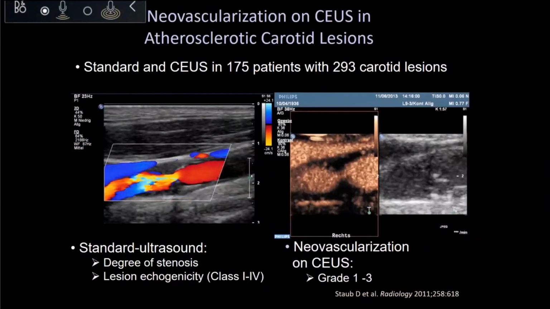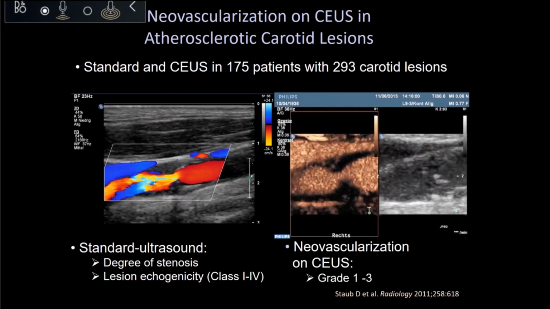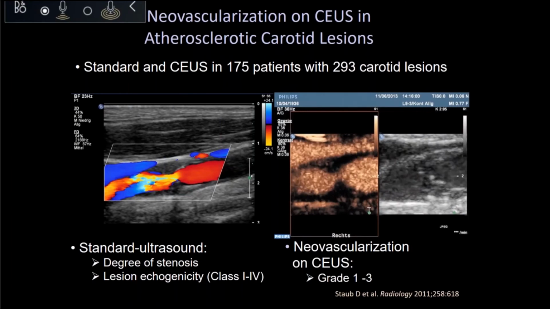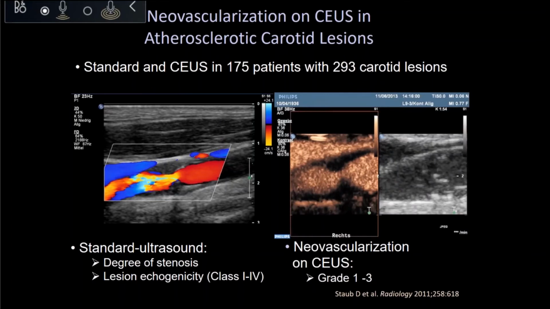We also looked at patients with carotid lesions, over 175 patients with almost 300 carotid lesions. We looked at the degree of stenosis and the echogenicity of the plaque, and compared this with the neovascularization within the plaque, graded 1 to 3.